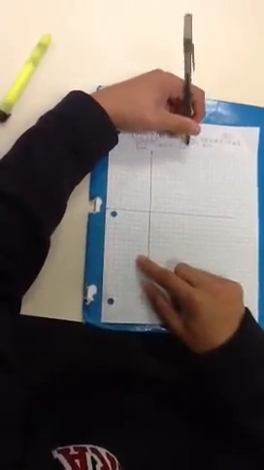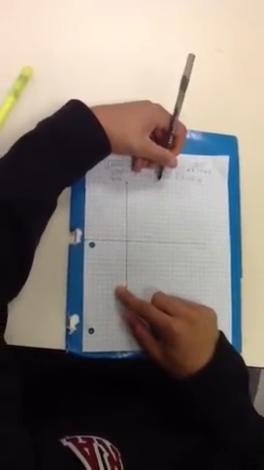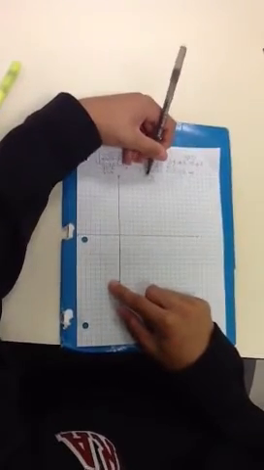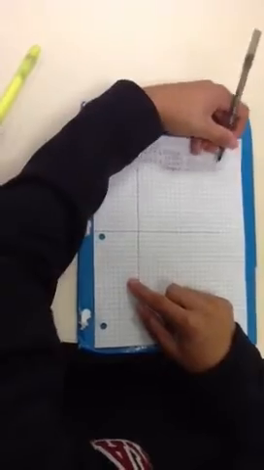So, y equals 0, x plus 0 is equal to 3, so x would equal 3. Then if x equals 0, 0 plus y is less than or equal to 3, so y would equal 3.